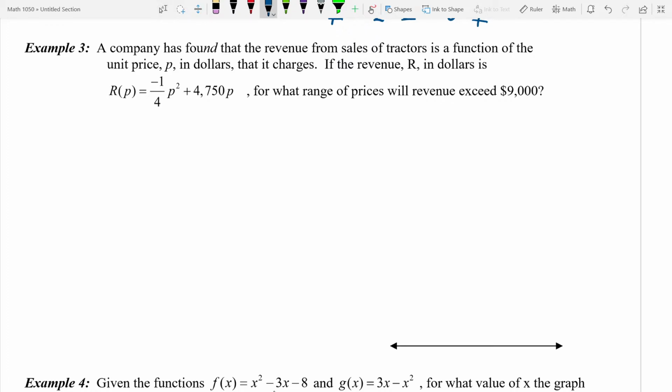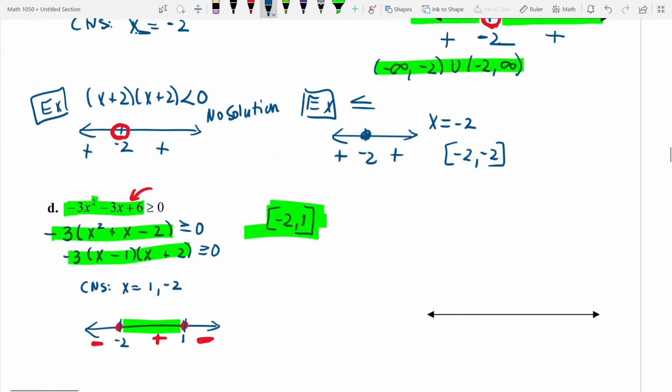I'm going to put negative 0.25 p to the second plus 4,750 p. That's my revenue. I want it to exceed $9,000. What am I going to put right there for exceed? Greater than.